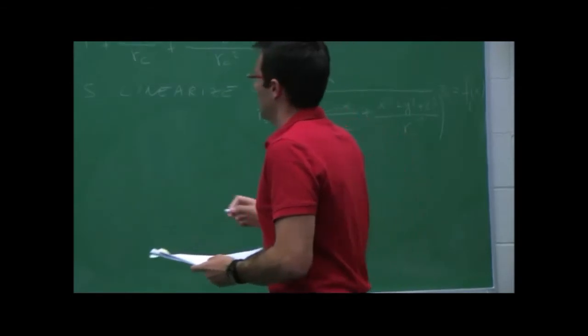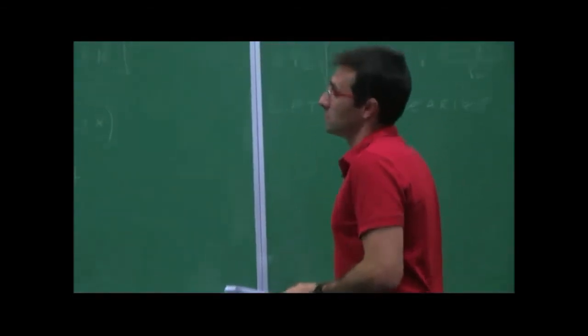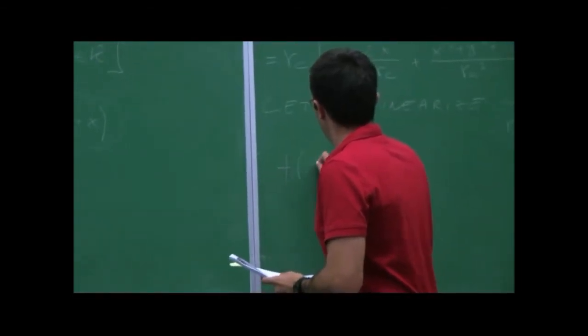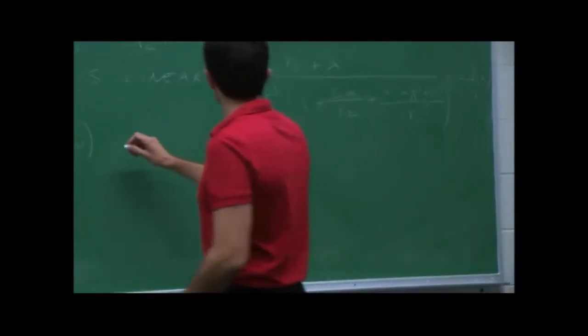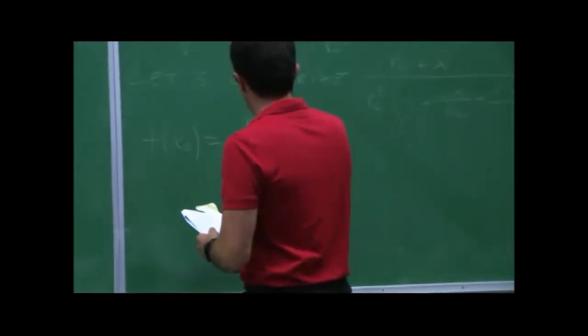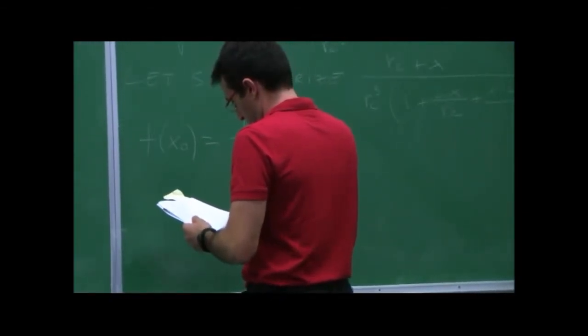And first thing is f at x0. What is f at x0? Remember, x0 is a bunch of zeros. My point of linearization is the chief, where all those coordinates go to 0. Here there's not even x dot, y dot, z dot, so everything is just a function of x, y, and z. So if I plug in 0, 0, 0 everywhere, this becomes 1 over rc squared.